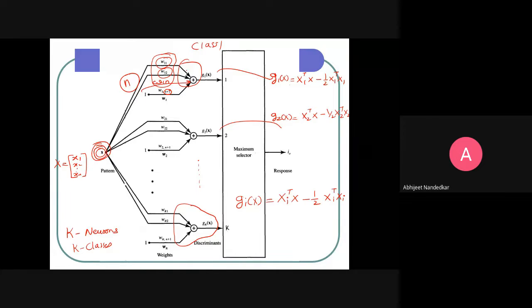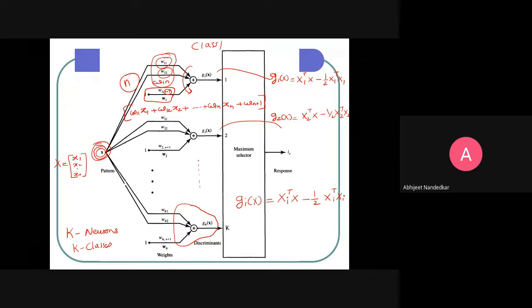What will be the net here for this neuron? The net at this position is x1 multiplied with w11 plus w12 multiplied with x2, and so on up to w1n xn, plus this extra terminal, so plus w1,n+1.